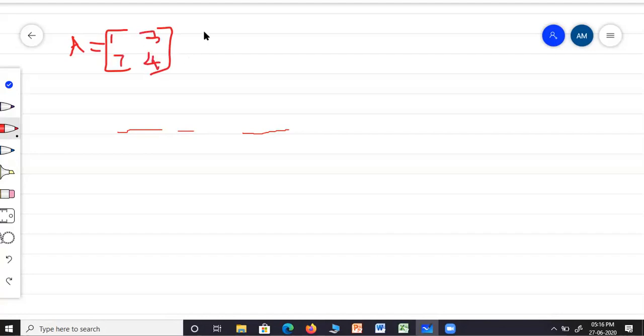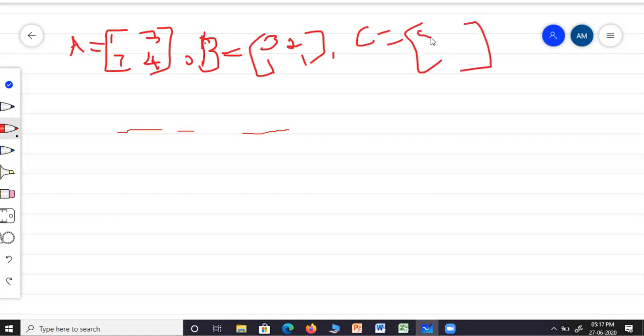Matrix B is equal to 3, 2, 1, 1. And matrix C is equal to 0, 1, 2, 3.